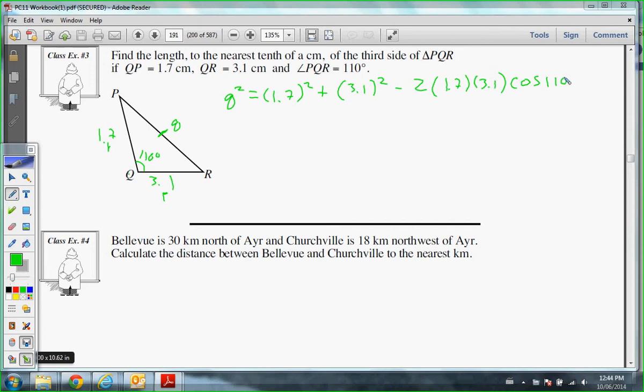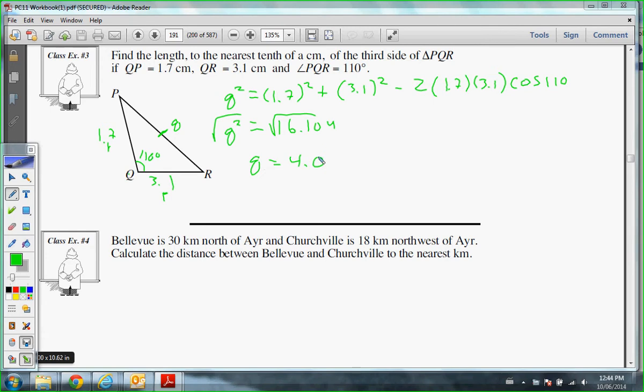That's your calculation. That's going to give you little q squared is 16.104. Square root. Little q is going to be about 4 again. We keep getting 4. It's just coincidence though.